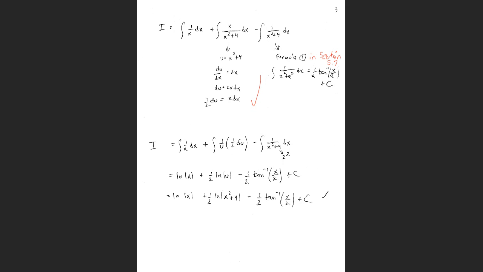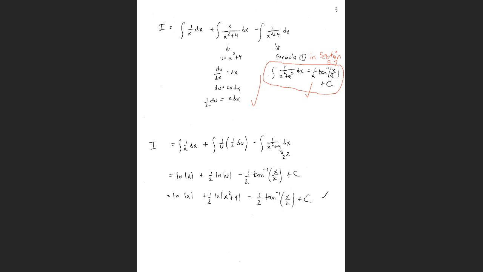So the formula says that the antiderivative of 1 divided by x squared plus a squared is equal to 1 over a times the arctangent of x over a plus a constant. And that formula you will have access to on your exam.